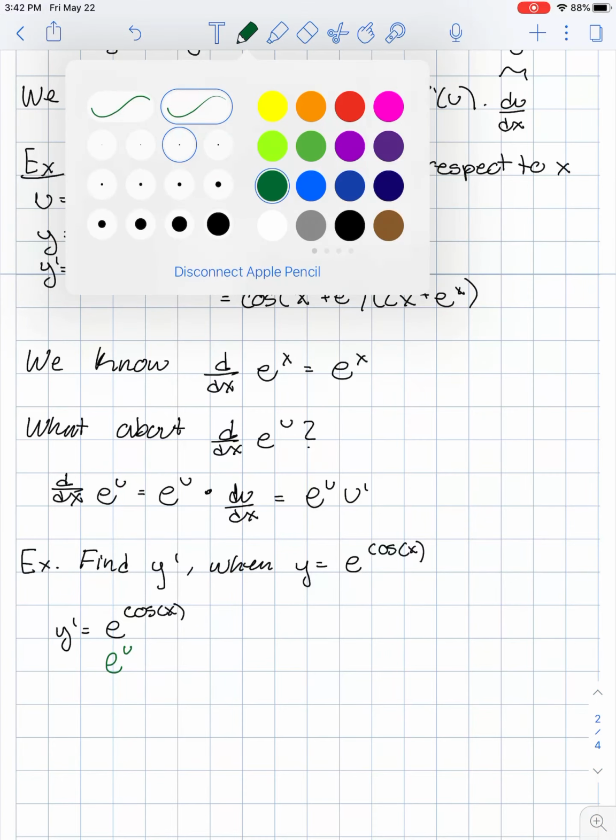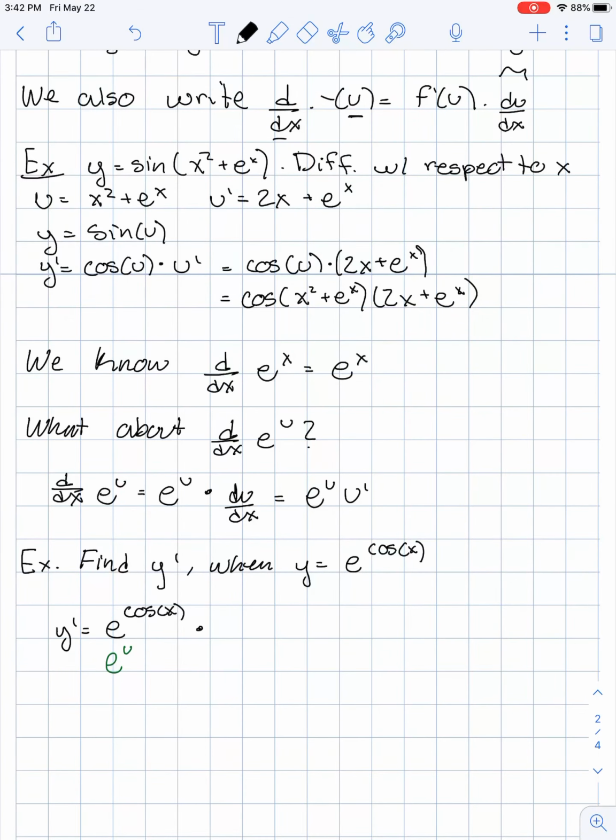That's going to be e to the u times u prime. So looking at this, what is u? U is going to be cosine of x. So u prime, since we know from the last chapter, is negative sine of x.